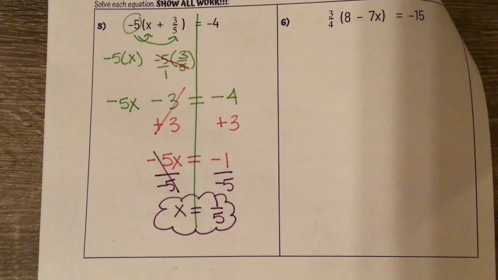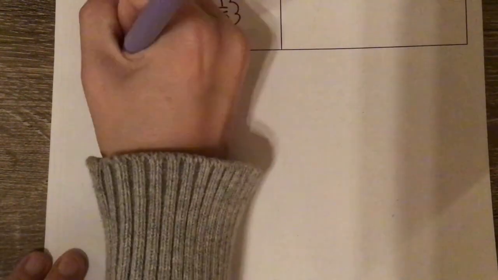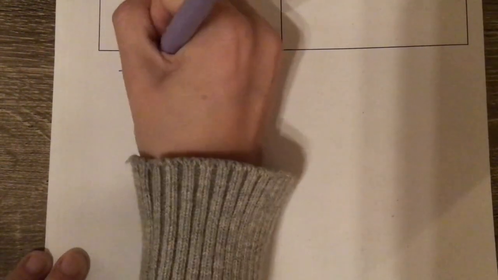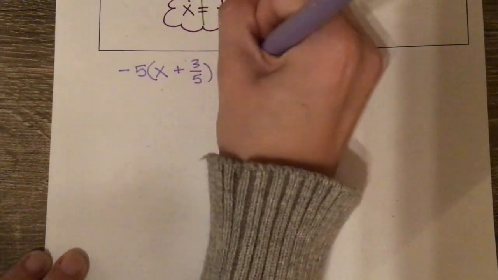I'm going to do the same problem, but I'm going to solve it a little bit differently. So if we've got our problem, which is negative 5 times x plus 3/5 equals negative 4.